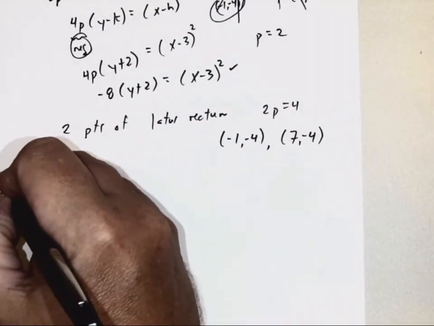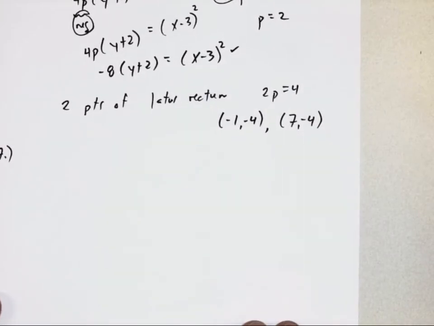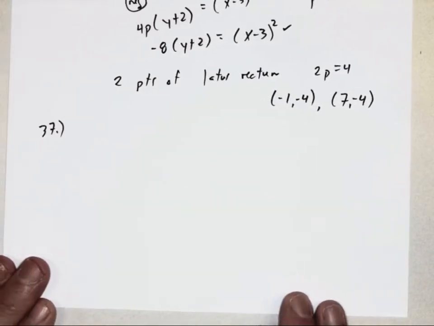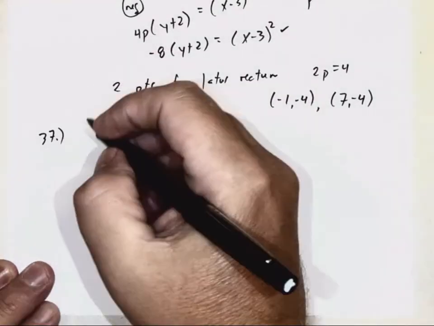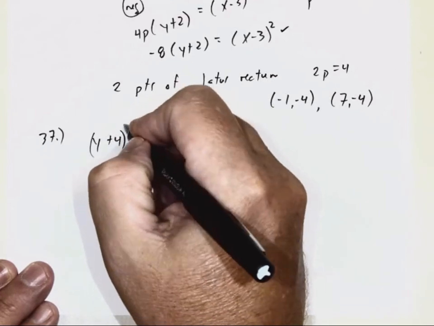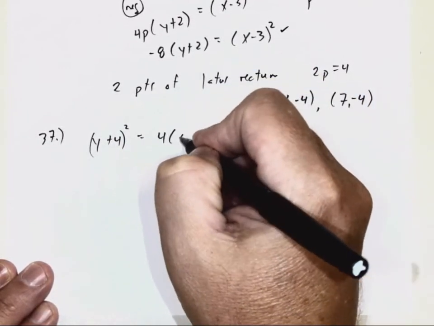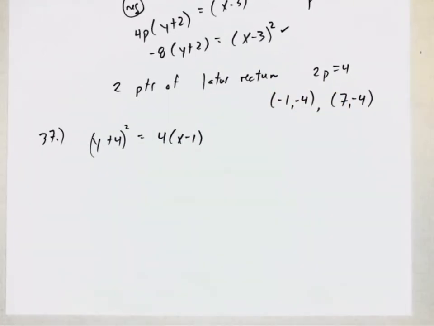All right, another parabola problem. Now here, they give us an equation: y plus 4 squared equals 4 times x minus 1. And the first thing it asks for is the vertex.